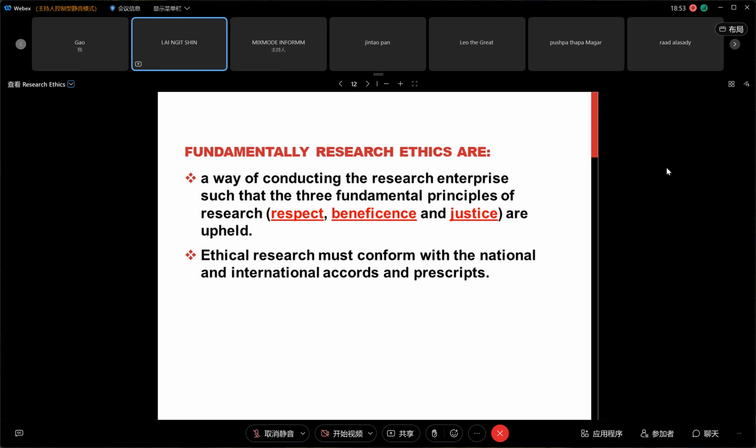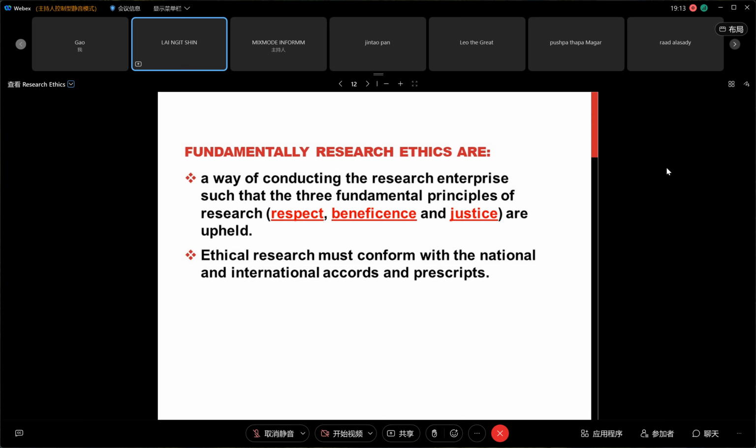Whatever the research, ethics is a way to conduct the research enterprise, and the three fundamental principles of research, respect, benefits, and justice, must be upheld. Ethical research may conform within national and international codes. This is quite common.